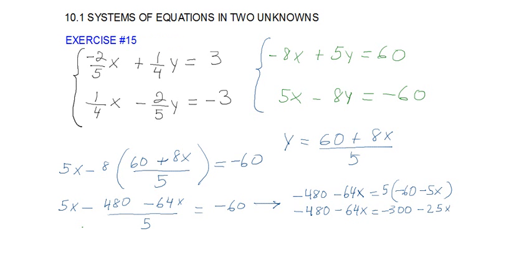So I'm gonna move all the x's to the left side and all the numbers to the right side. So I have plus 480 and plus 25x on both sides. So now on this side I have negative 39x, and on this side I have 180.